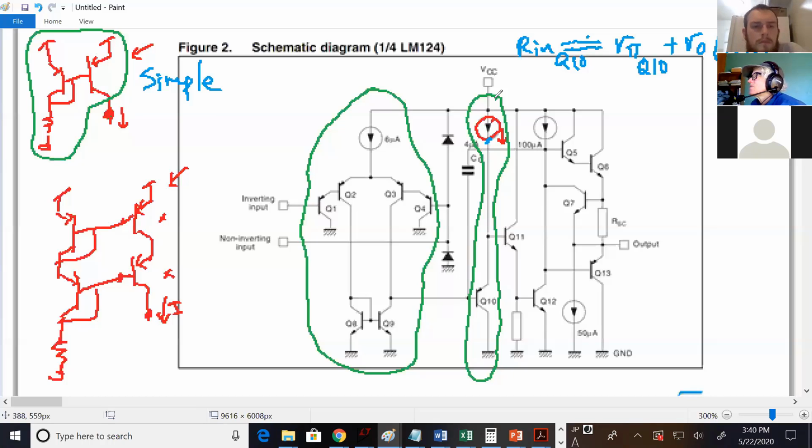And that's how you take into account that the Rn of Q11 is going to make the common collector that I just circled not work exactly as it would on its own. Okay. But yeah, you're right. But the loading factor helps you take care of that.